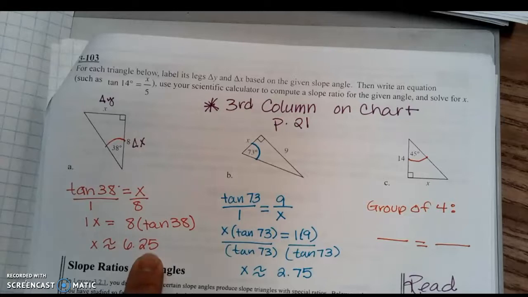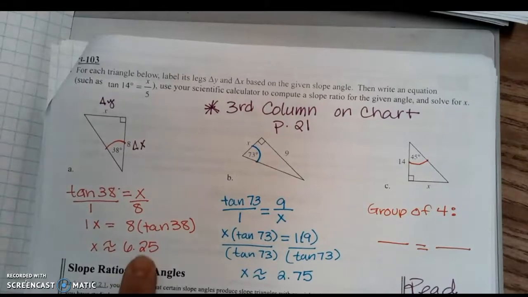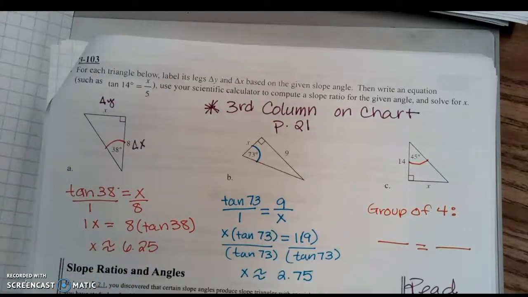Okay? So on your scientific calculator right now, you're going to type in 8 times the tangent of 38, and you will get 6.25. Right? Raise your hand if you got 6.25 from typing it in. Perfect. Okay? When we break up into our groups, if other people in your group don't know how to see it, those of you that raised your hand are going to show them how to do it.